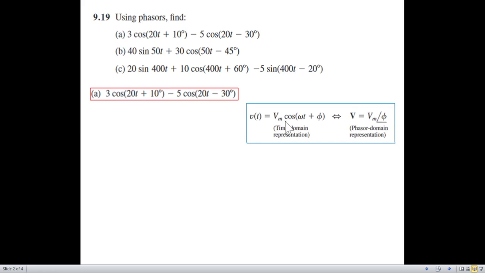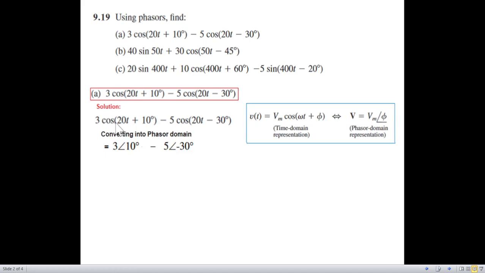If it is Vm cosine omega t plus phi, in phasor domain, I'm sorry, in phasor domain, we can write it as bold V equals Vm, the magnitude, and angle theta or phi.